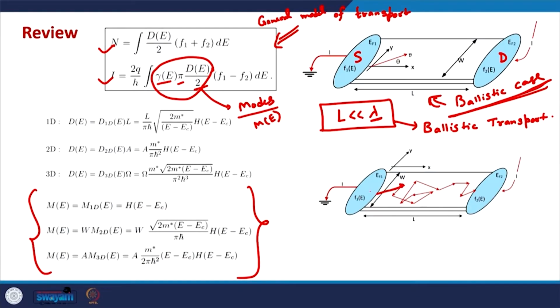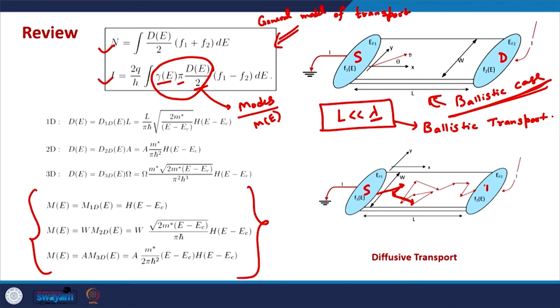The electron will start from the source contact, collide with something, and might deflect backward or in some cases forward as well. Some of the electrons that start from the source side would eventually reach the drain side when there is a voltage applied across the device. Many electrons may not reach the drain side actually.